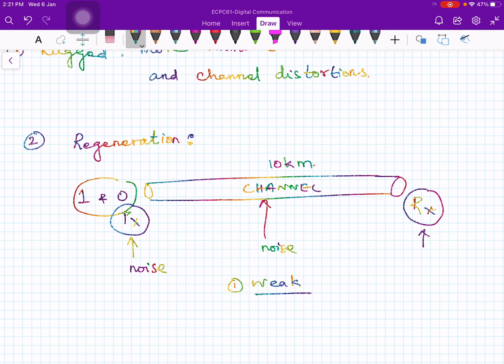Secondly, it has undergone changes because of distortion, so it contains noise and distortion. The signal is changed due to noise and distortion. The received signal is also weak because of attenuation.